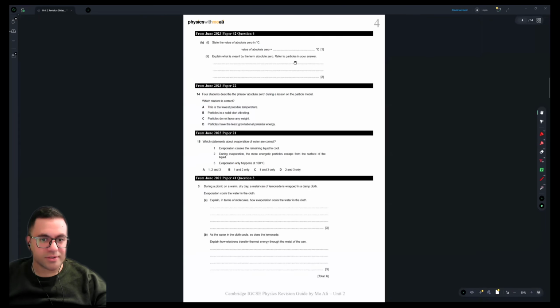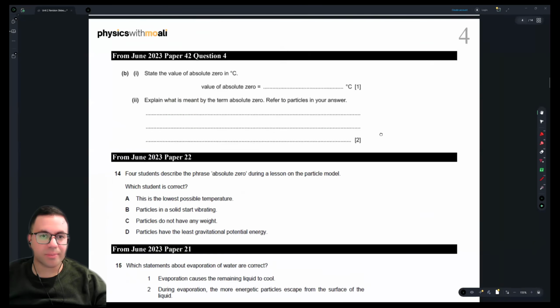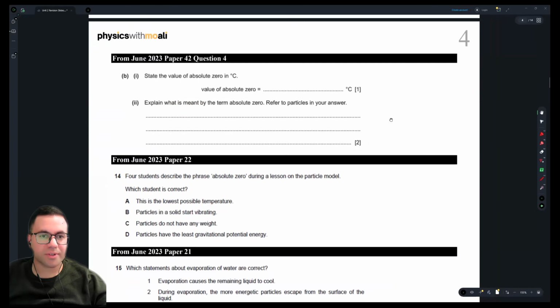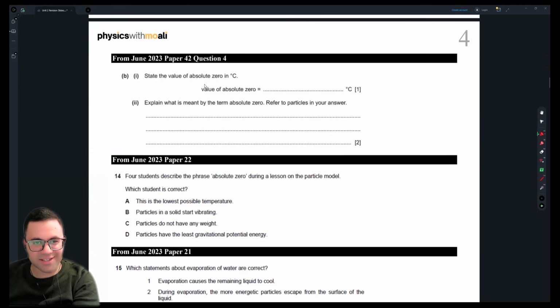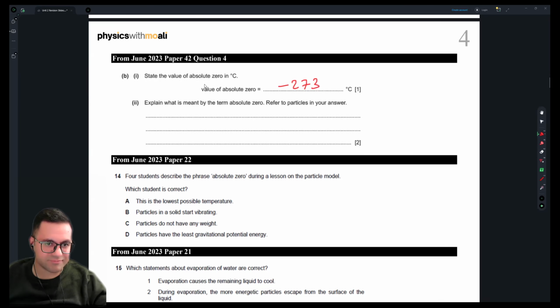Let's solve a few questions to revise these specific topics. So let's start with our first question. State the value of absolute zero. Now, it's 0 Kelvin, but in Celsius, it's negative 273 degrees Celsius. Explain what is meant by the term absolute zero. Refer to particles in your answer.